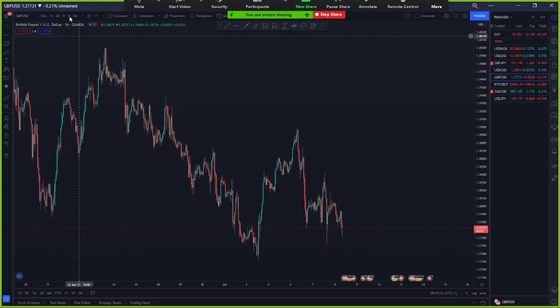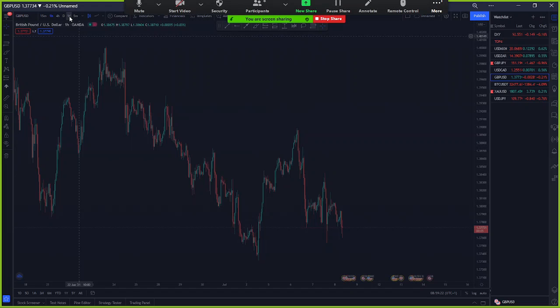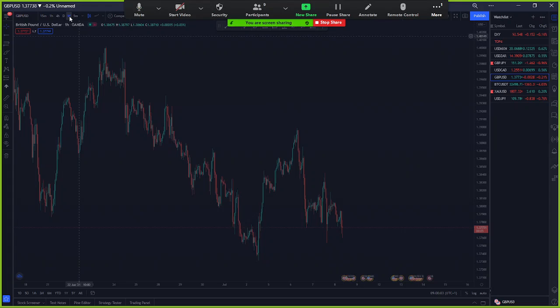Let's have GBP USD. The system's lagging.